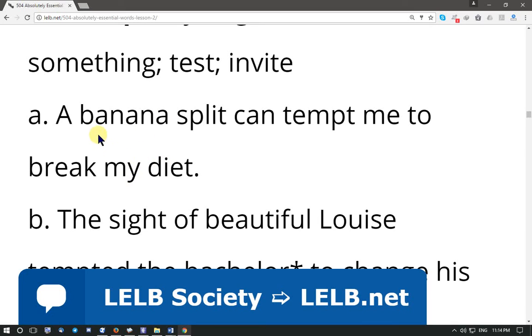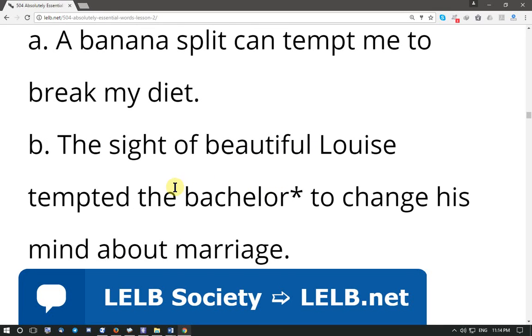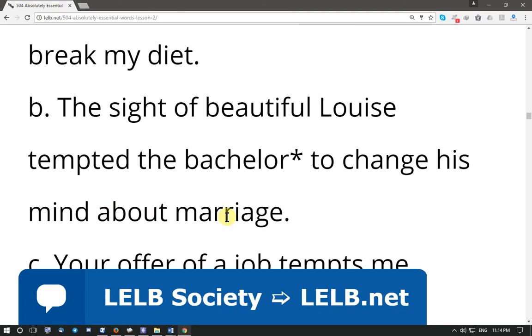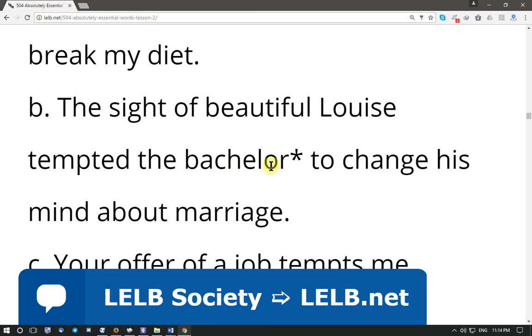The sight of beautiful Louis tempted the bachelor to change his mind about marriage. The sight means the vision of beautiful Louis refers to a person, tempted the bachelor, an unmarried boy, to change his mind, to make up his mind, to change his mind about marriage.